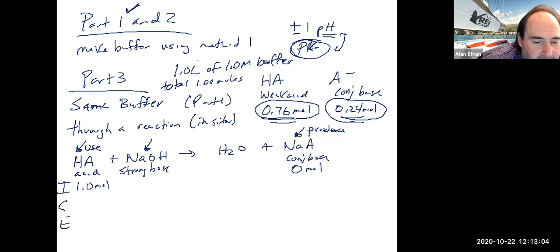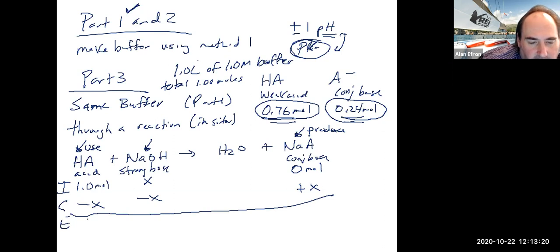Now, I'm just going to kind of do x's for now. So minus x, plus x, right? And for now, we'll call the base x. Which means when I reach equilibrium, 1 minus x, this will be 0, and I should be left with x.